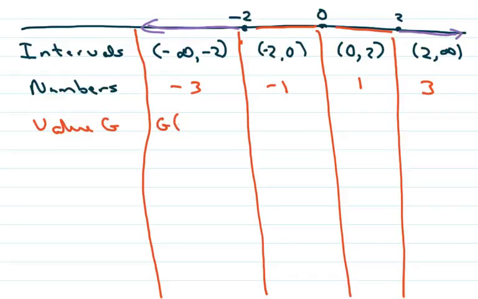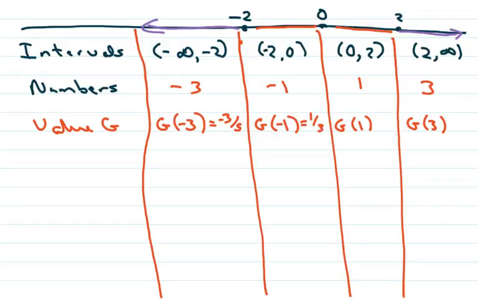So g of -3, g of -1, g of 1, and g of 3. So you plug in -3, you get -3/5. -1, you get 1/3. 1, you get -1/3. And 3, we're back at 3/5.